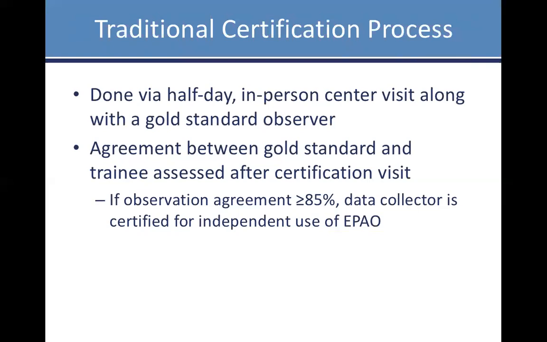Then we assess agreement between that gold standard, oftentimes me, but could be anyone really, and that trainee. And from our point of view, if the observation agreement is at or above 85% at the item level, then the data collector is certified for independent use of the EPAO. So as long as that inter-observer agreement is at or above 85%, the data collector is good to go and to use it in the field within the projects on their own. And so that's our traditional certification process.